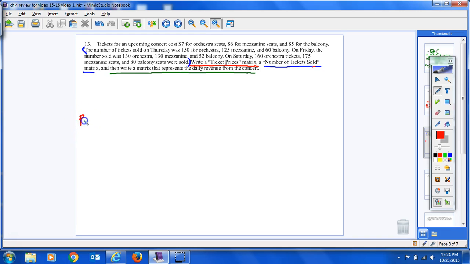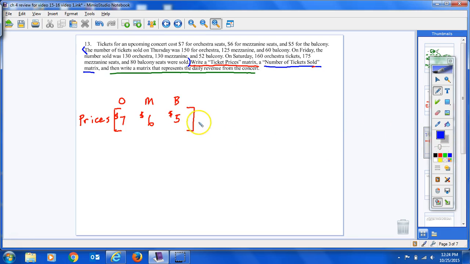We'll have prices as the row, 1 row, and 3 columns. And of course, the 3 columns will be the different types of seats. I'm just going to abbreviate: orchestra, mezzanine, and balcony. All right, so we're told that the orchestra seats are $7, mezzanine $6, and the balcony $5.